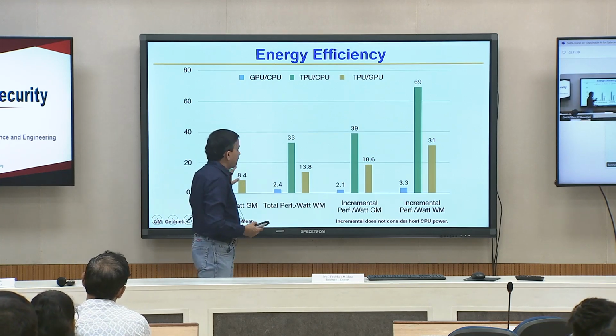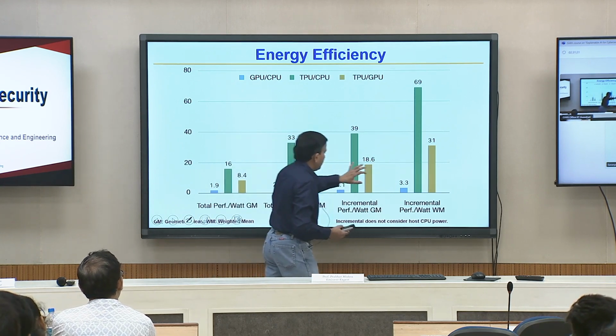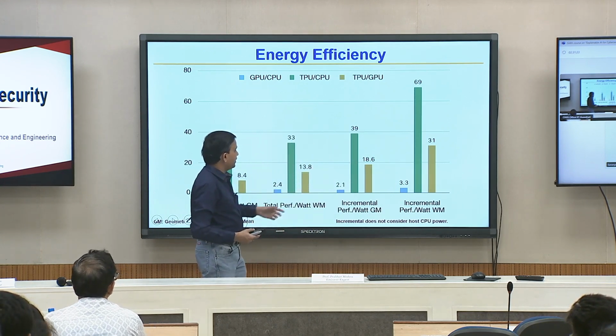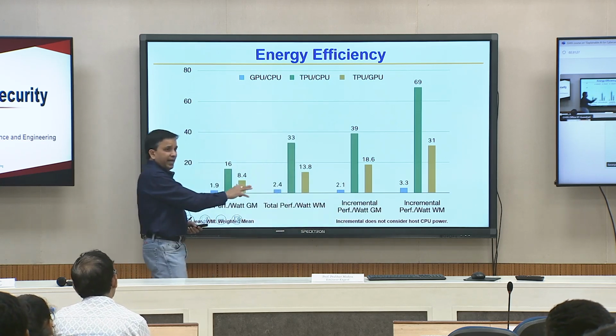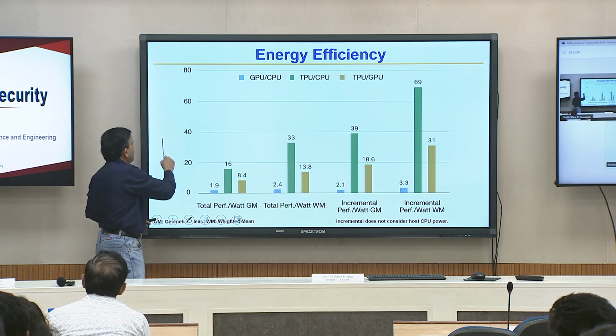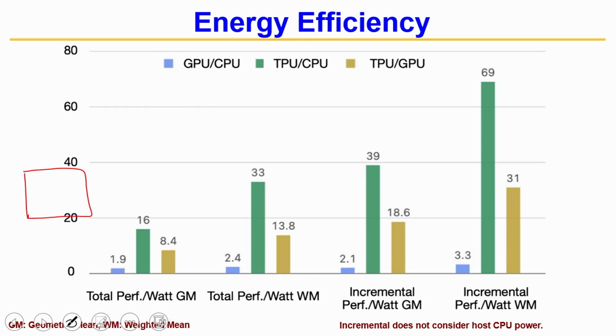But anyway, the point here is that the actual numbers are not important. Incremental basically excludes CPU power, because we ran all of these experiments on our normal devices which have a GPU, but remember the CPU is also running there.